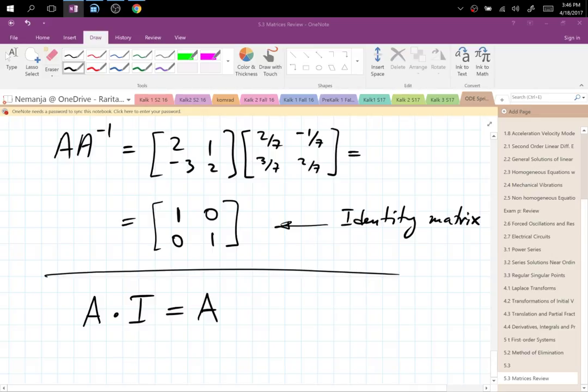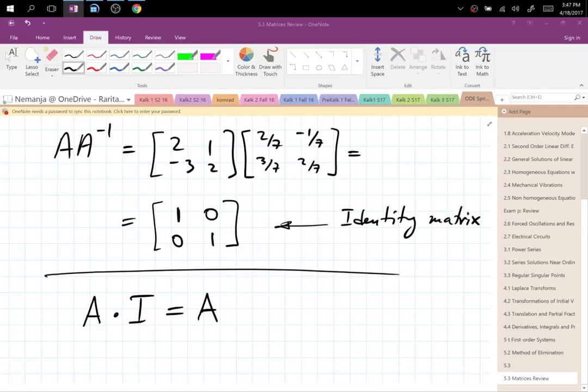So it doesn't change any of the values. Okay, so that takes care of that.